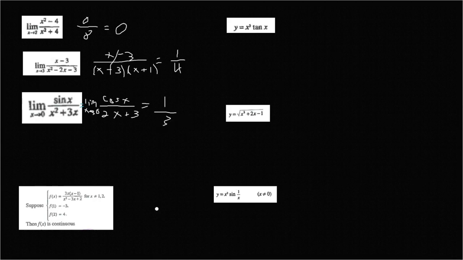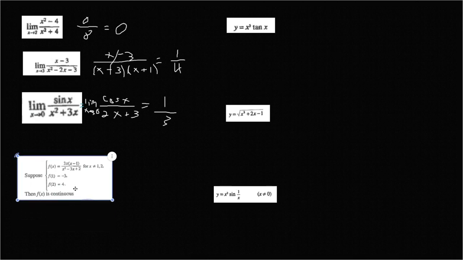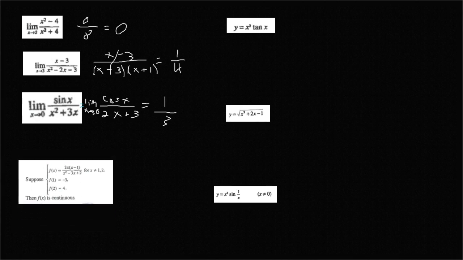Alright, so this question here is a bit weird, but it's just asking what x values is it continuous at, and what is it not continuous at? So x is not equal to 1 or 2, and so we need to basically see if it's continuous at 1 or 2, or if there are any other discontinuities here.